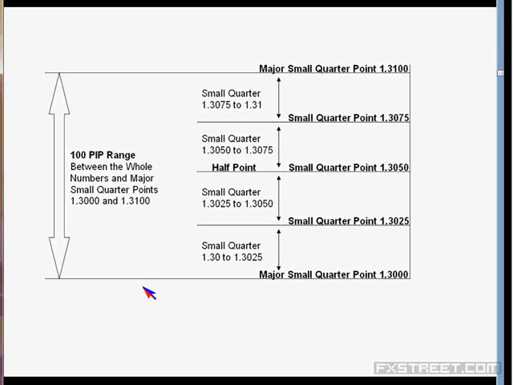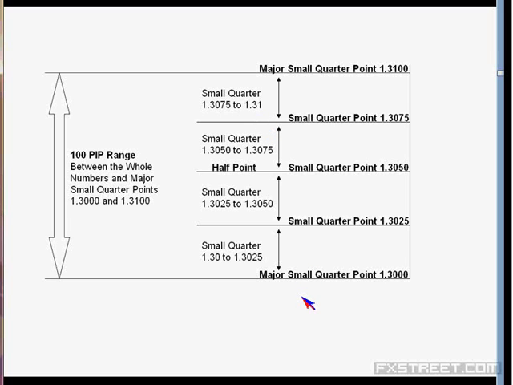Let's take a look at, for example, the 100 pip range between $1.30 and $1.31. If we divide that 100 pip range, we will get 4 small quarters: from $1.30 to $1.3025, $1.3025 to $1.3050, $1.3050 to $1.3075, and $1.3075 to $1.31.